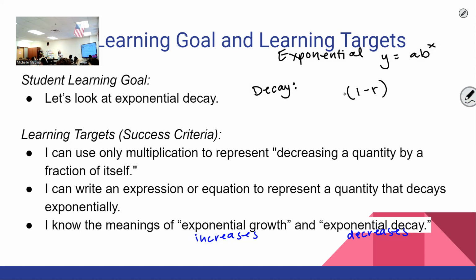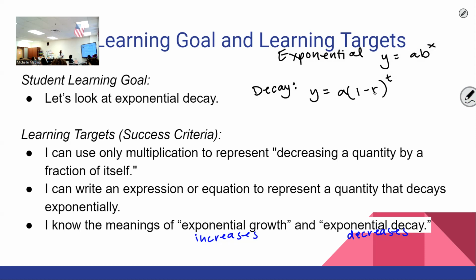In the formula? A for sure. B is the 1 minus R or 1 plus R if it's growth. So that stays the same, and then it's also having an exponent. That's what makes it an exponential function.